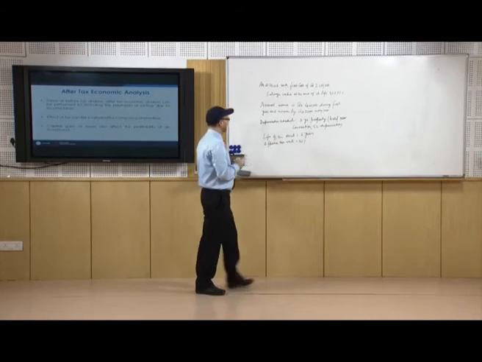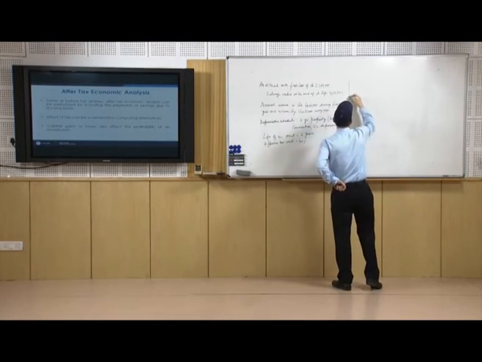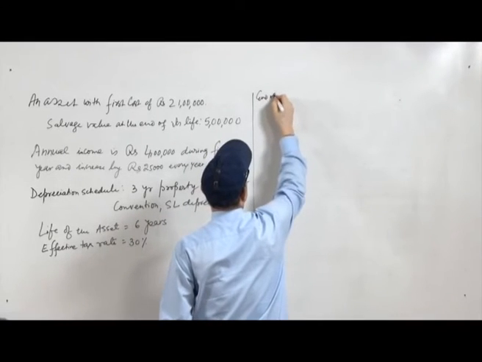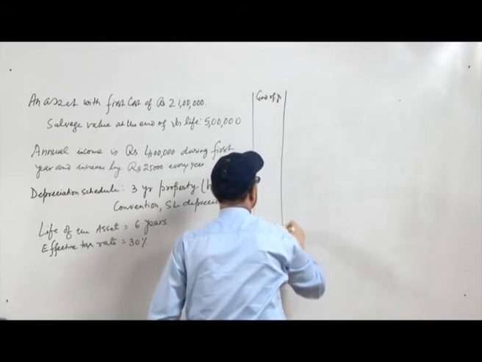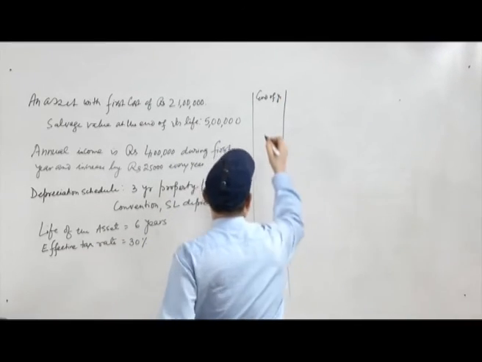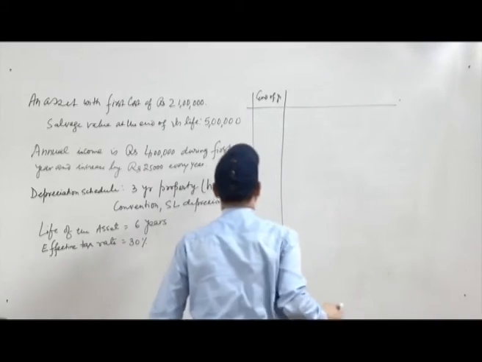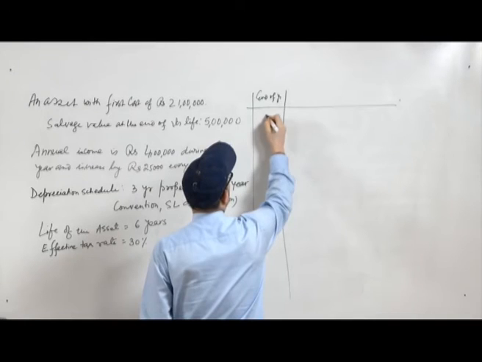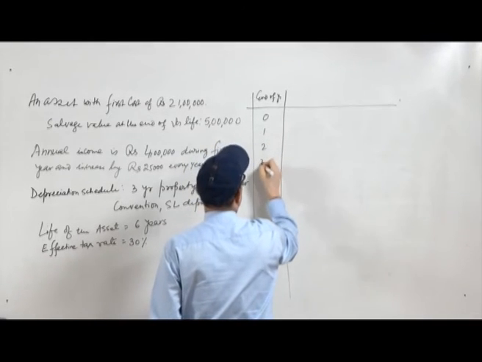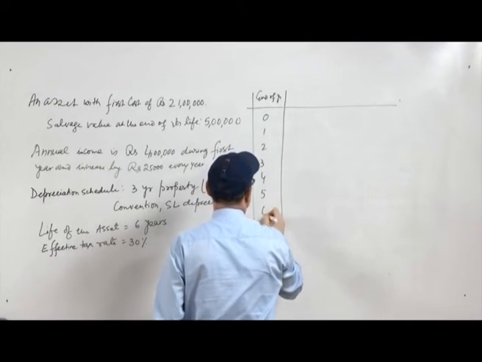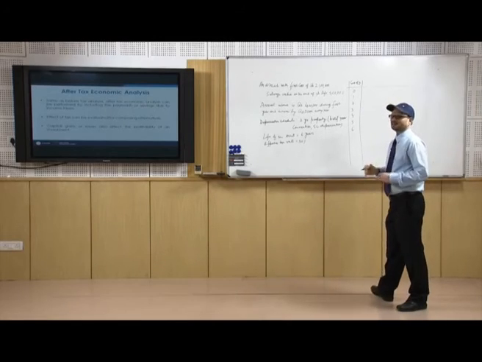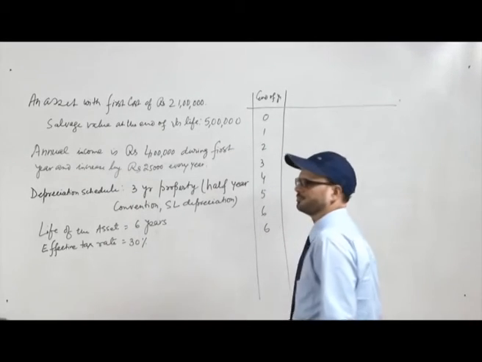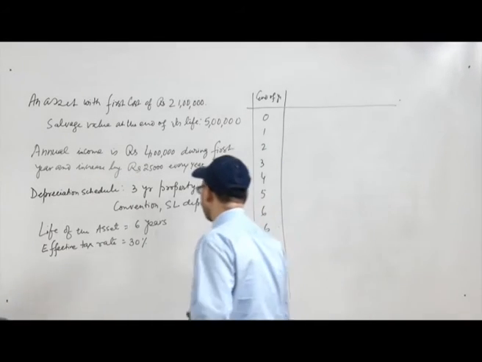Now in this case we can see the table. We have the end of year. In fact the life is 6 years, so you have 1, 2, 3, 4, 5 and 6, and further in the 6th year you are also getting capital gain, so this is to be put in here.